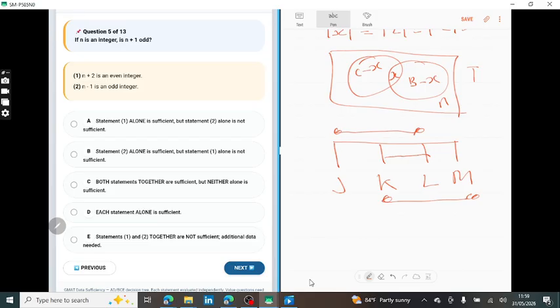One thing you can do with this type of question is to create the scenario. Ask yourself, what can I add to 2 to make it an even integer? The number you can add will be an even, like 6 plus 2 is 8. Then 6 plus 1 is odd, so it's sufficient.